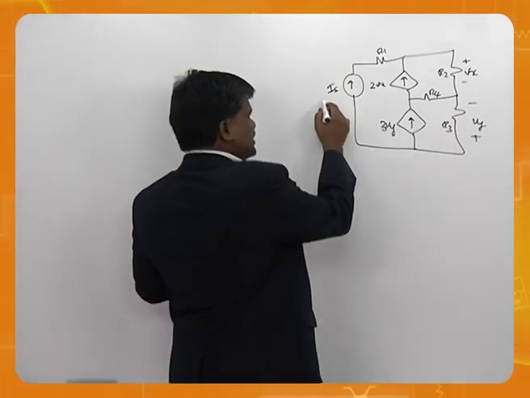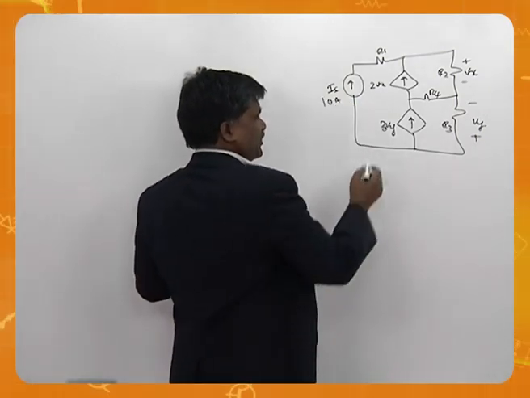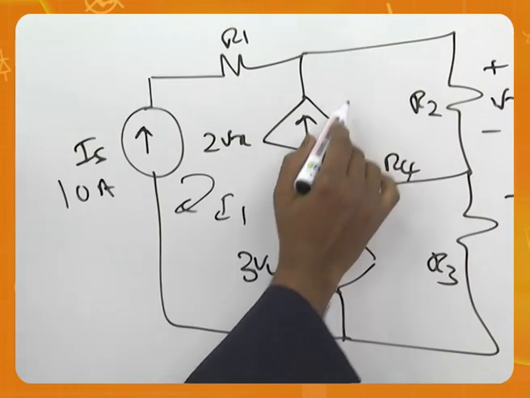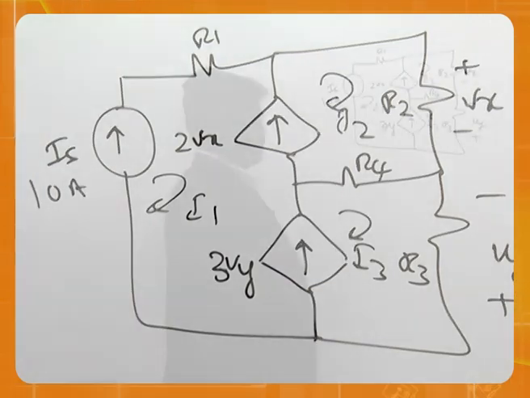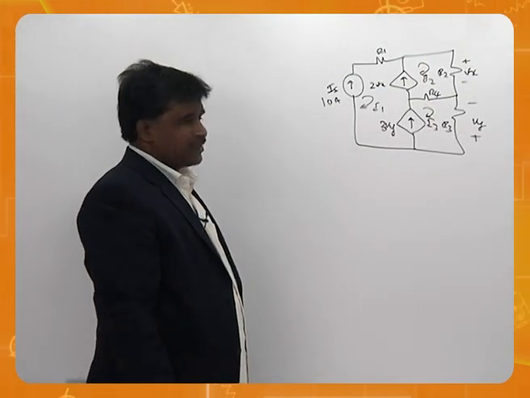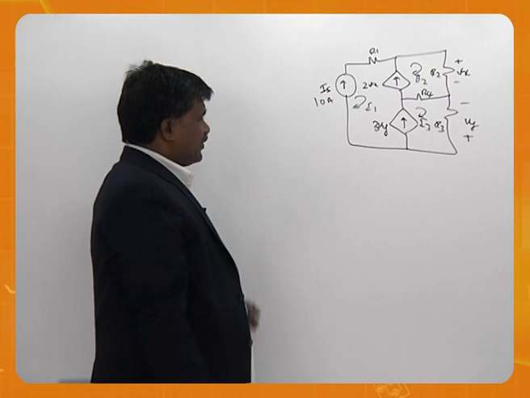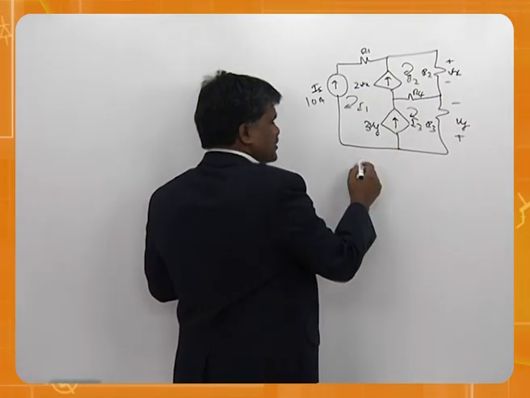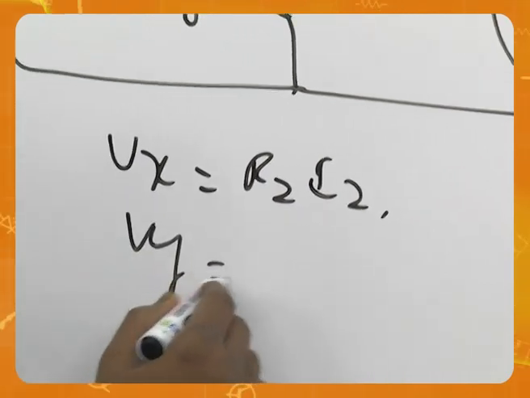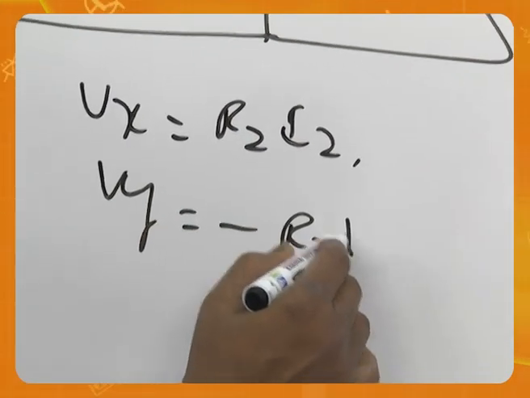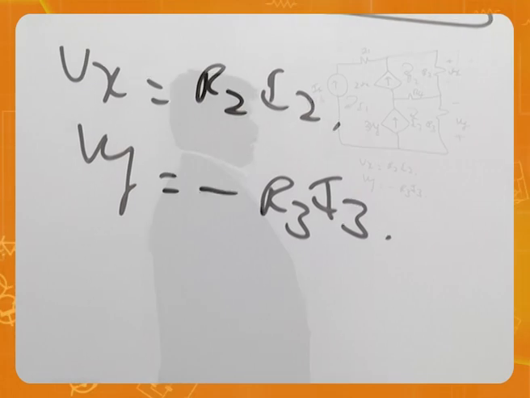For example, this is 10 amperes. What are the loop currents? I1 over here, I2 over here, I3 over here. Look at that. Now again, if you understand as it is, Vx is equal to R2I2, Vy is equal to minus I3, like this.